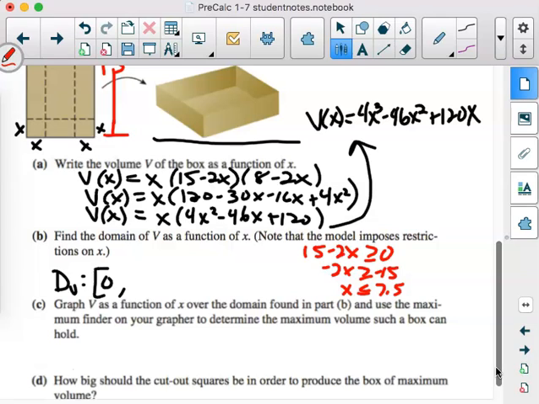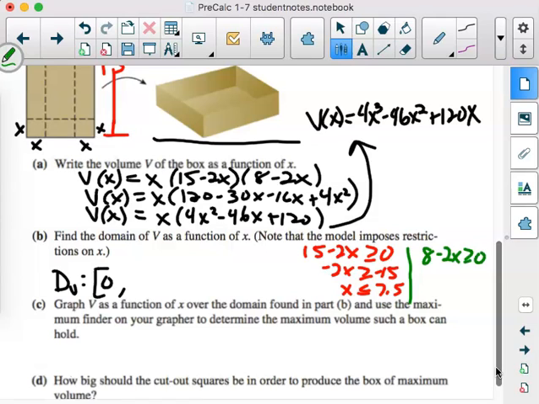And 15 divided by 2 is 7.5. Word problems are one of those times when we can use decimals. It's acceptable to use decimals in word problems because oftentimes that's how people think of it. When they go to buy a piece of lumber, 7.5 feet, they don't think of it as 15 halves.